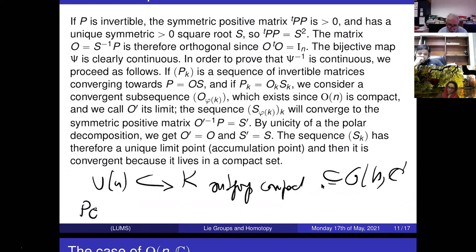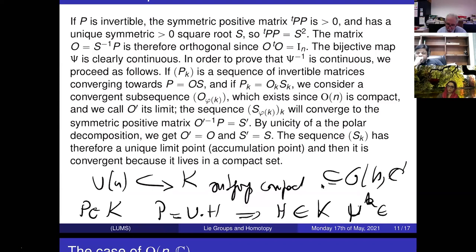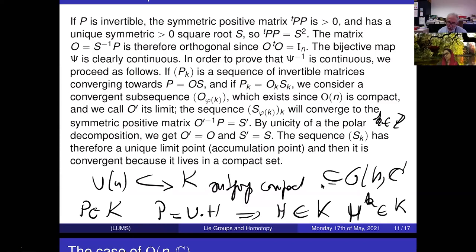Take a matrix P inside K and write its polar decomposition, P equals UH. So H belongs to K, since P and U belong to K. But if H belongs to K, all the powers of H belong to K, for k in Z.